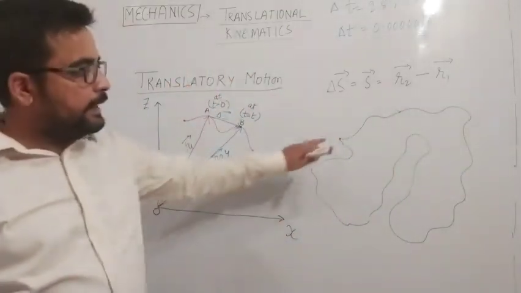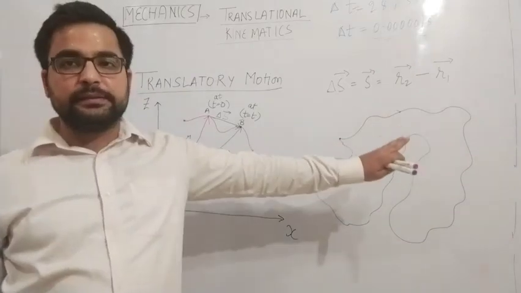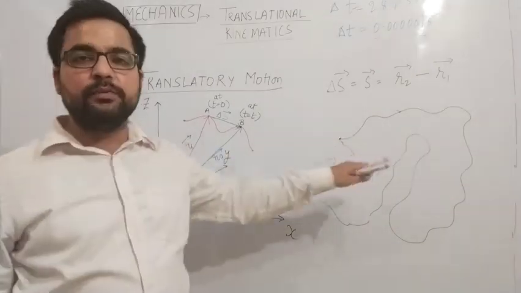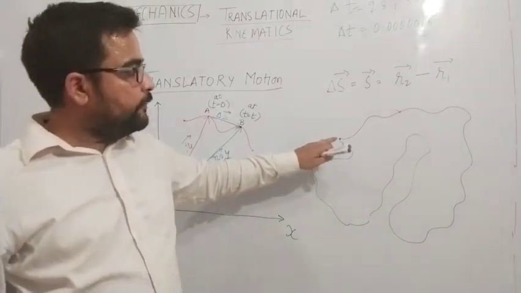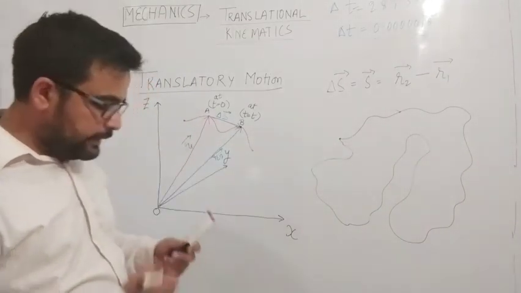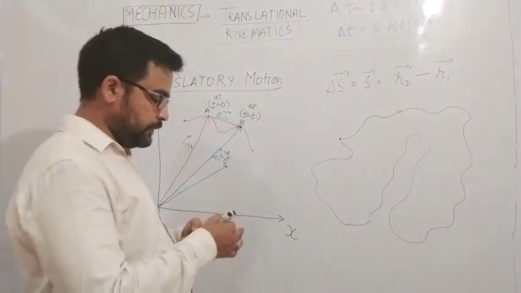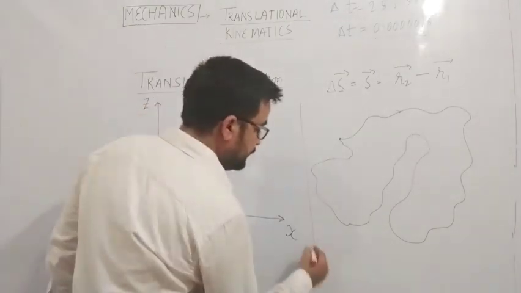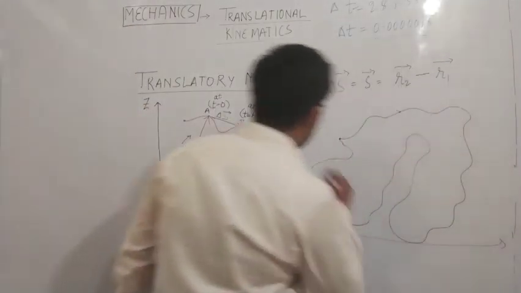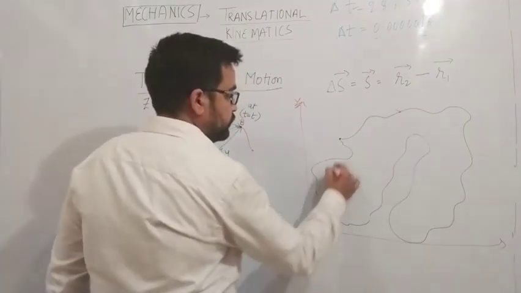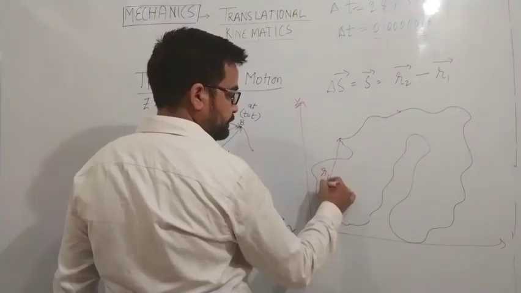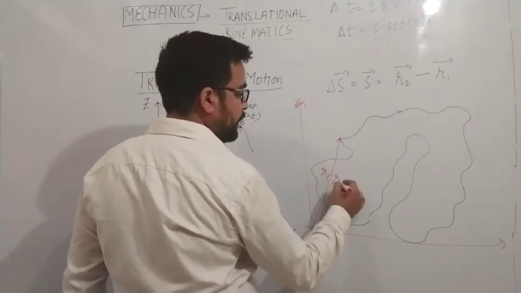So obviously at any moment you have covered some distance. Once you start moving, you will always cover some distance, right? But if your final position and the initial position are the same, suppose this is your origin, so this will be your R1 and this will also be your R2.